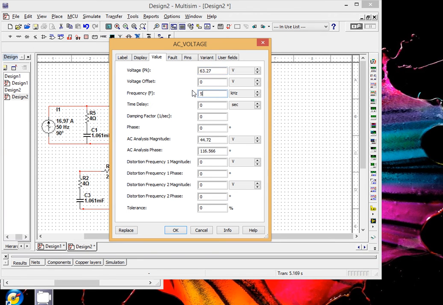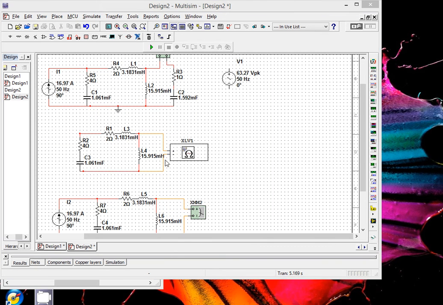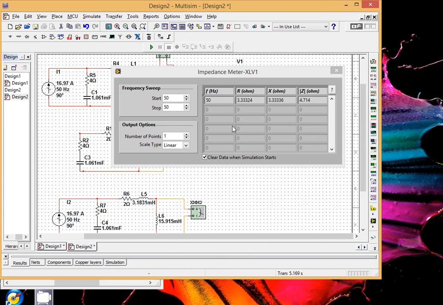And this you have to change to 50 Hertz. Okay. So since your ZTH, the value of X is positive, it means that you are connecting with an inductor. If negative, you should connect with a capacitor.